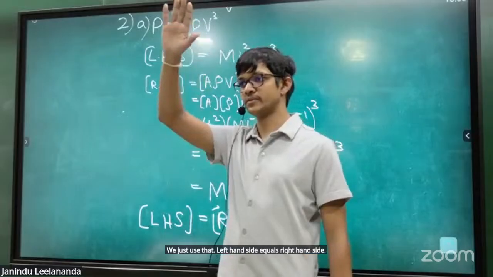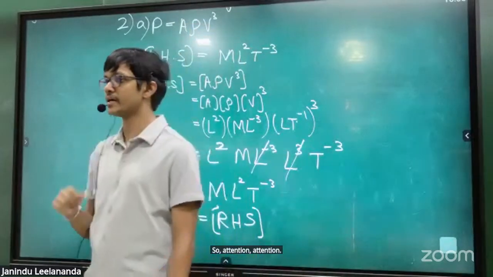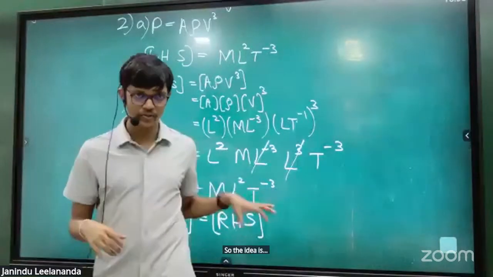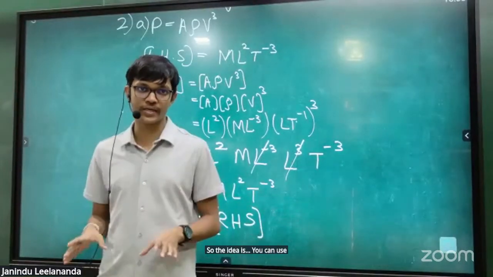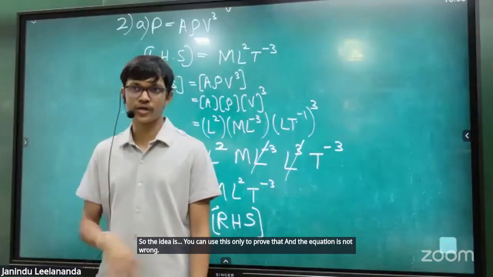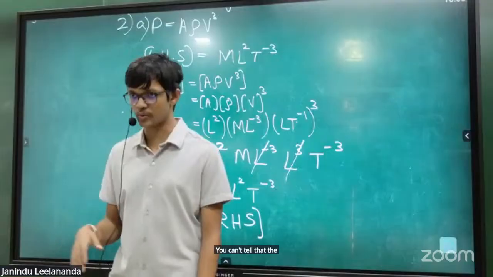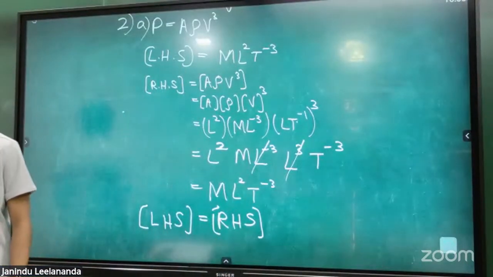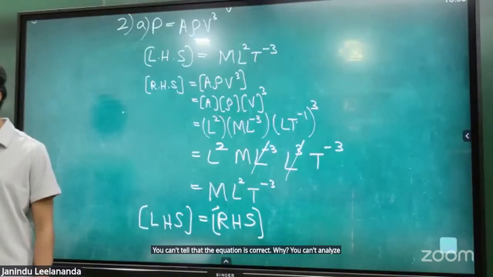So attention, the idea is you can use this only to prove that an equation is not wrong. You can't tell that the equation is correct. Why? You can't analyze numerical values here, right?